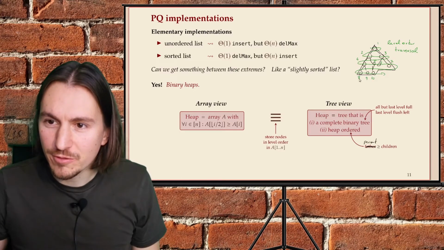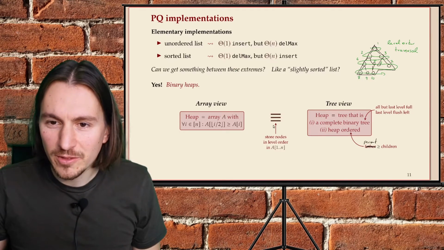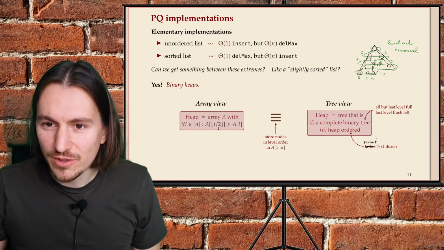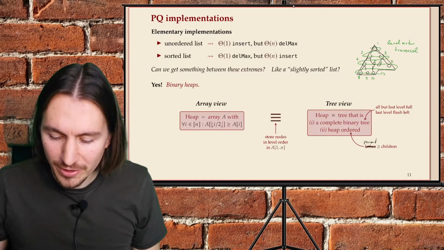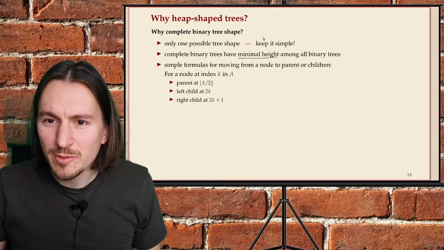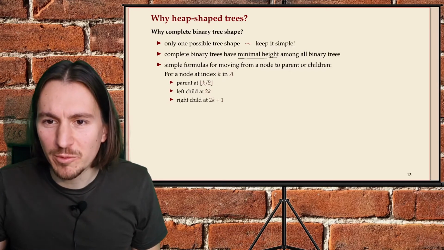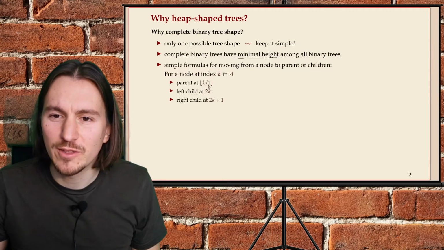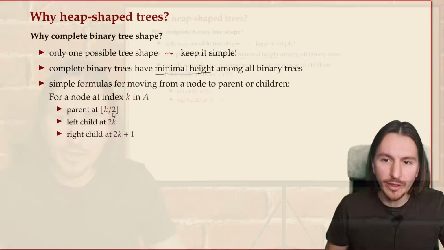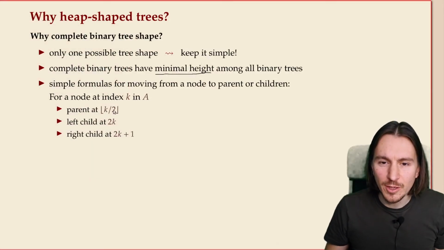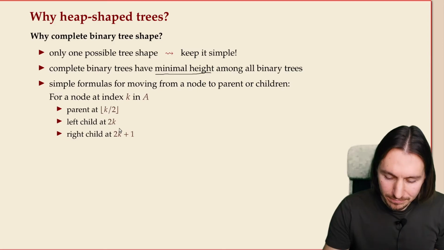Remember, this level order traversal was giving rise to this very nice formula for the heap property. And similarly, you can navigate from a node to its parent. That's what we used in that formula. You can navigate to the parent by going to the number divided by 2 rounded down. And you can also go in the opposite direction.